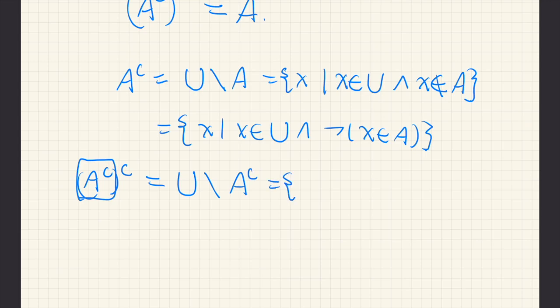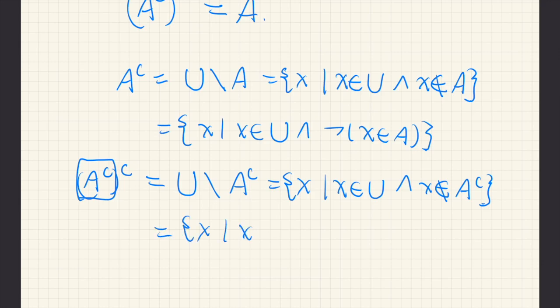By the definition of set difference, this is X belongs to U and X does not belong to A complement. And let's rewrite this as X belongs to U and not X belongs to A complement.